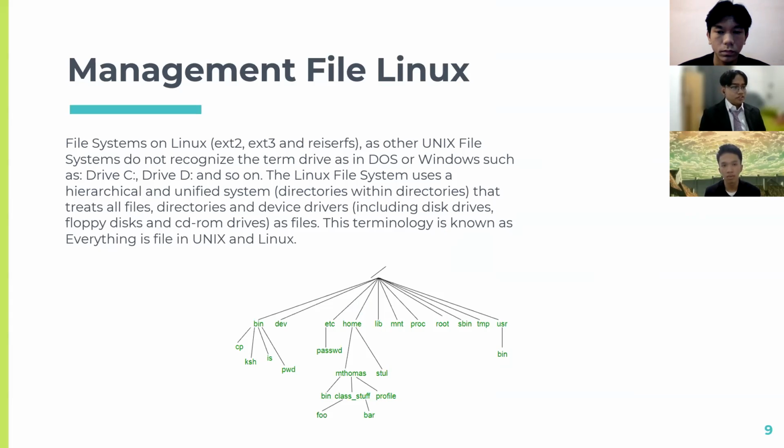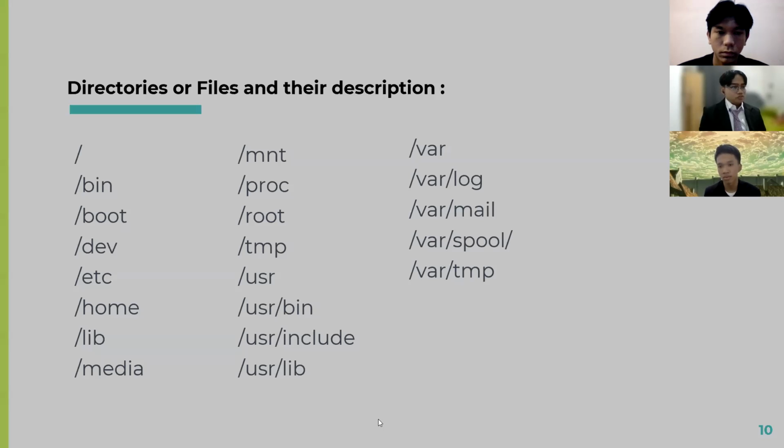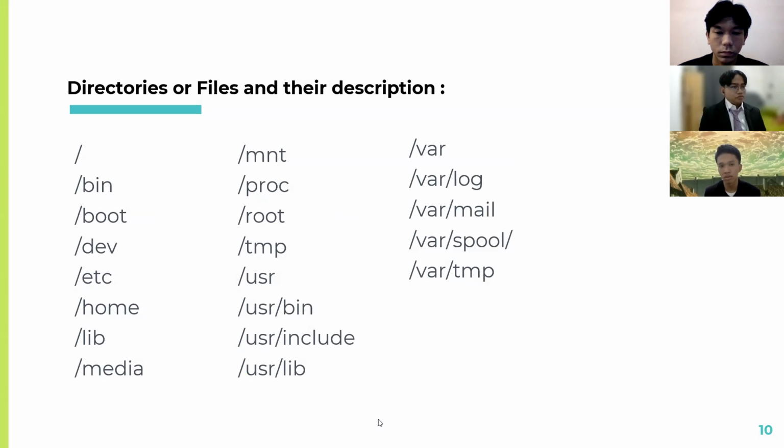This terminology is known as everything is a file in Unix and Linux. The Linux file system supports file names up to 256 characters.